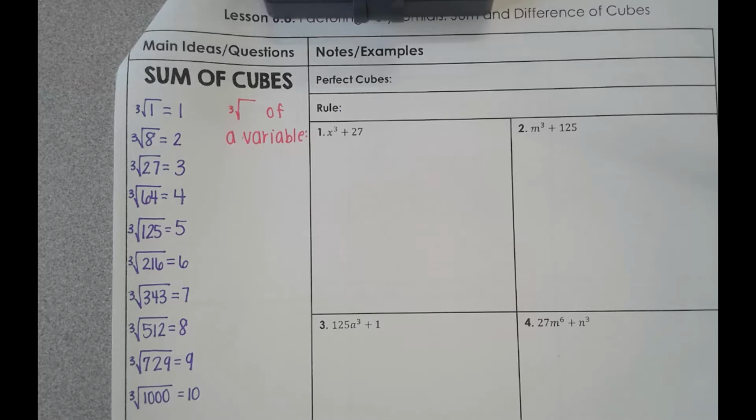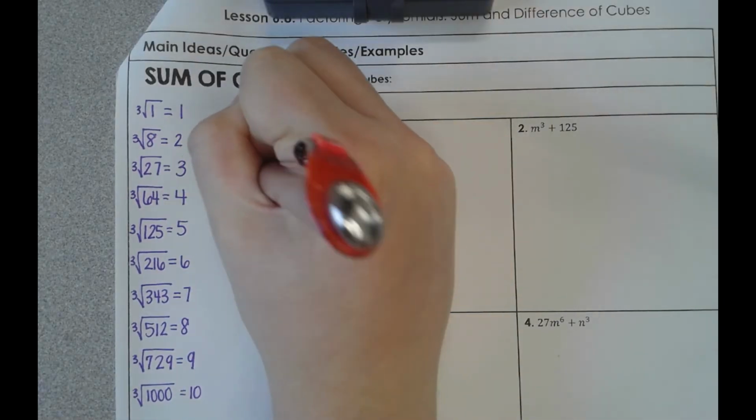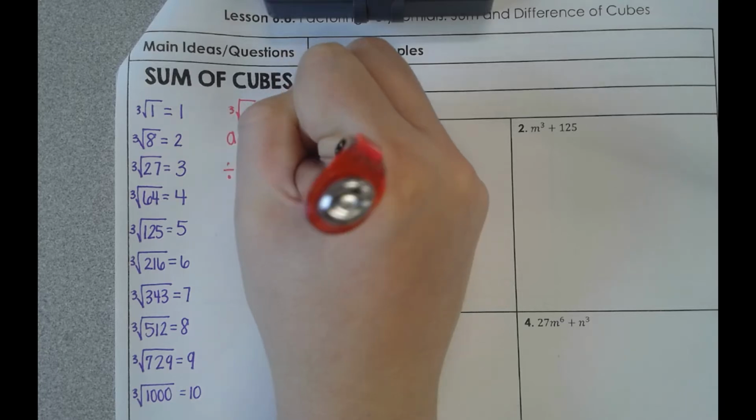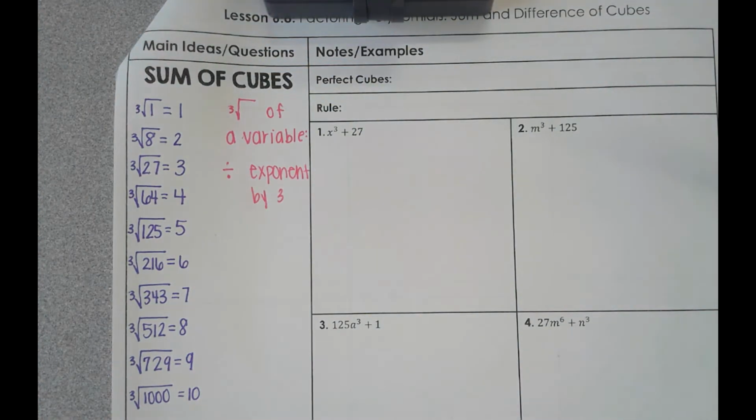Anybody? Divide by 3. Divide the exponent by 3. Because a square root is like undoing squared, which is an exponent of 2, and then cubes, that's an exponent of 3. So you divide by 3.